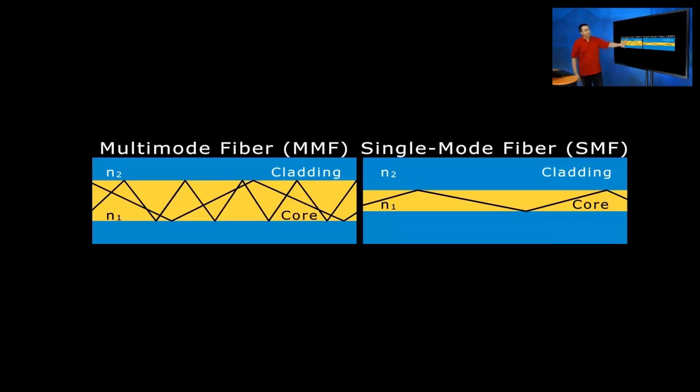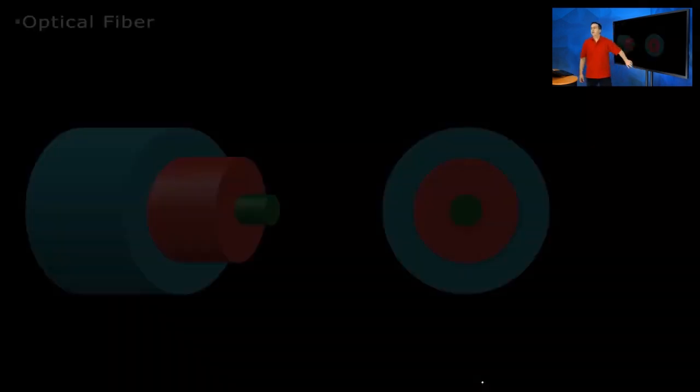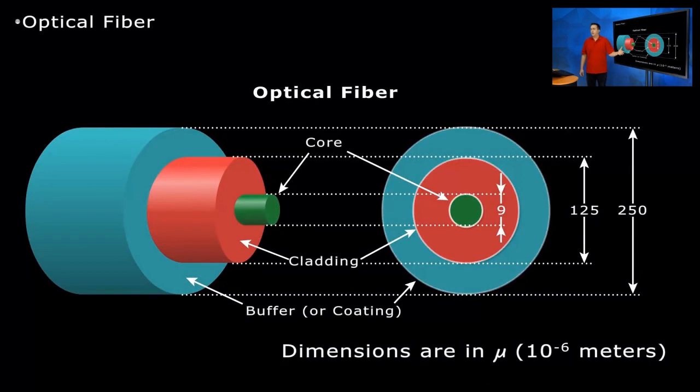Now, notice that in this image the cladding and the core are the same height. You might be saying, well, that's so you can keep your image nice and linear, right? No, not at all. We have a standard size for the cladding and the core combined, and that standard size is 125 microns.